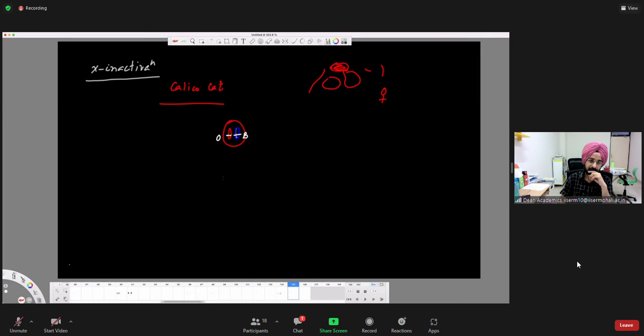Depending upon which one is active in which cell population, you will get orange color or black color, right? Once the silencing is established, they will proliferate with that configuration. For example, it becomes orange over here, black over here, likewise. So you get these patches.